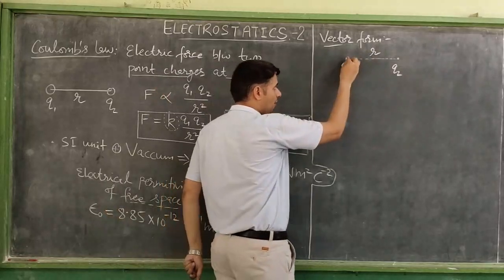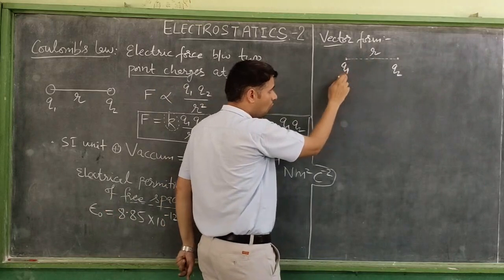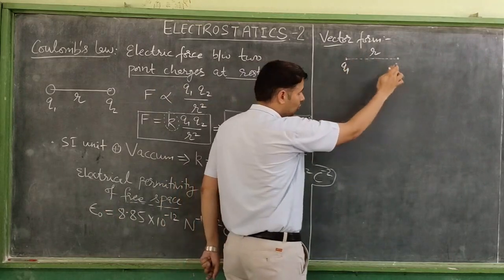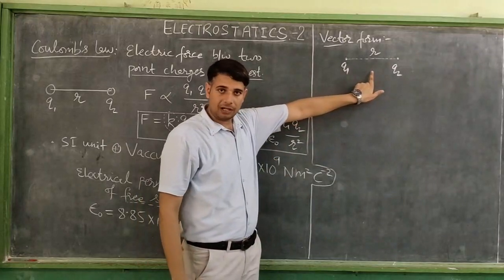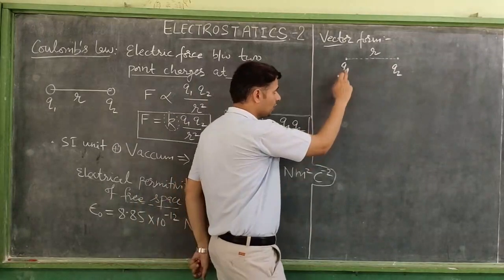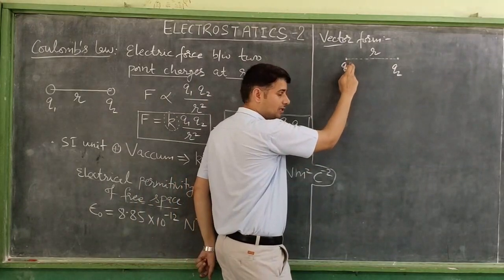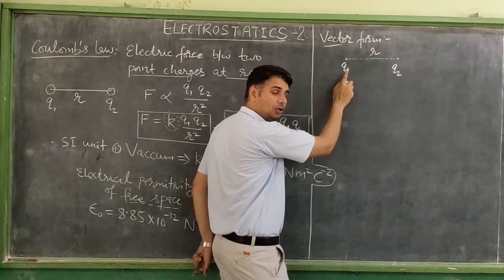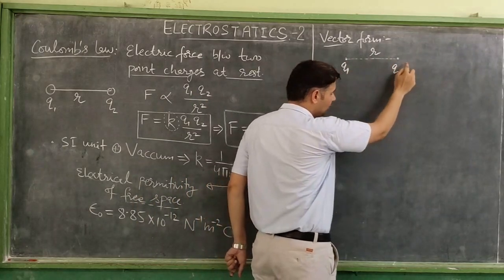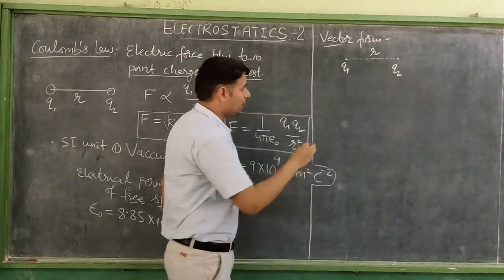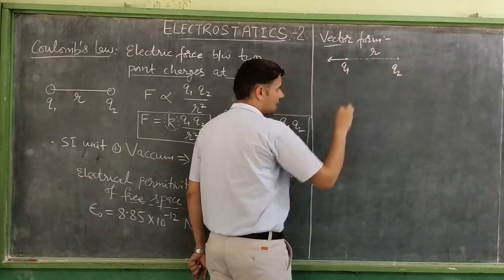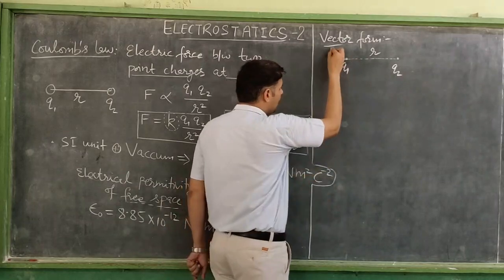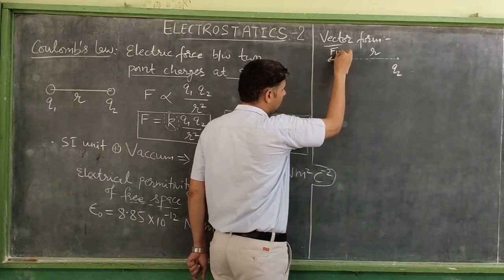So the force on the first charge due to the second charge should be repulsive in nature. Repulsive means, observing at this location, that is the force on Q1 due to Q2. So at this point charge, I can write the force as F12.